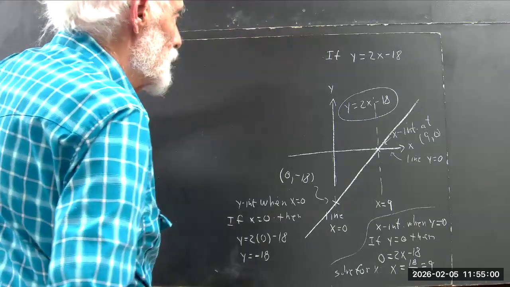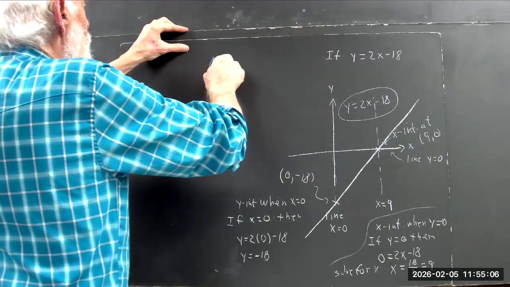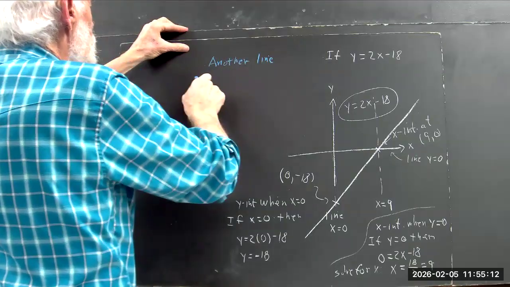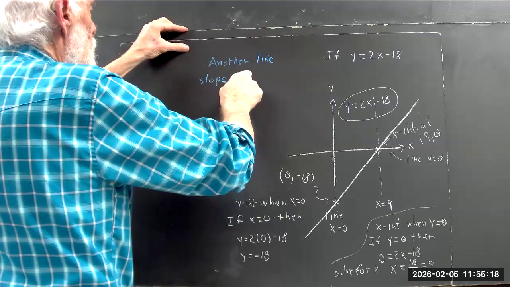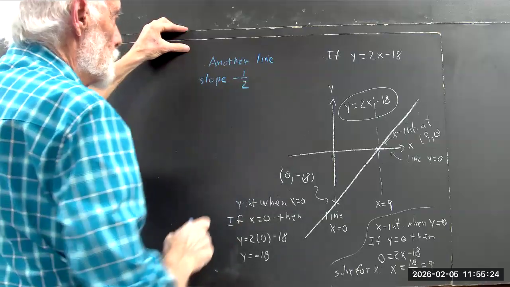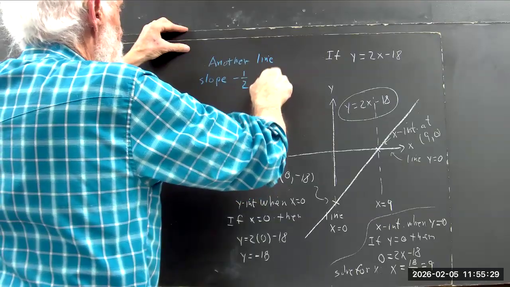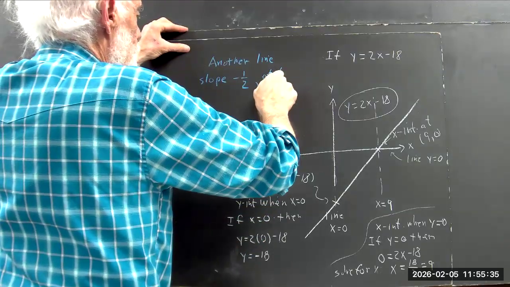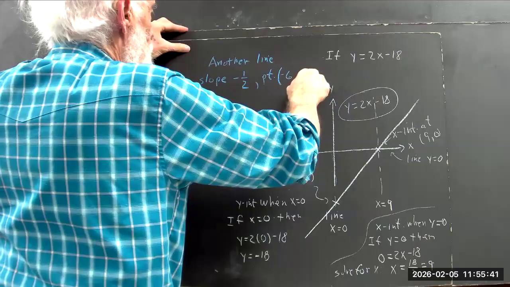Let's suppose now we have a second straight line. Got a slope of negative 1/2 and the point on the line is, let's say, negative 6, 12.